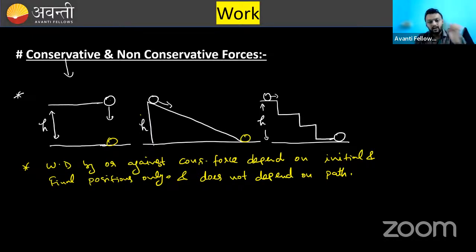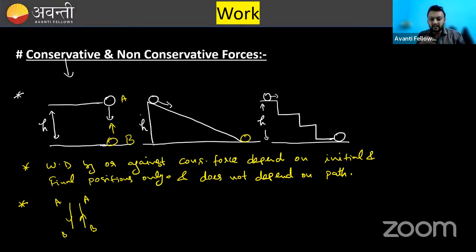Second point that I am going to tell you, that work done depends on initial and final position. What if I say that I have dropped this ball from A, it reaches B, and again I throw it up and it again reaches A. So the path will be A to B and then again from B to A. So what if I say calculate the work done in the entire trip?